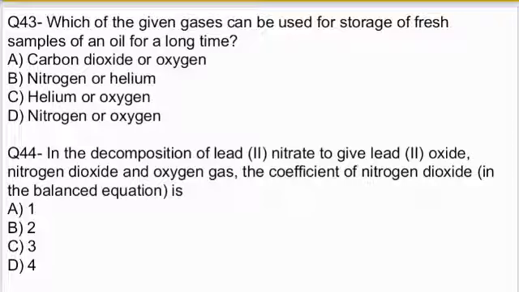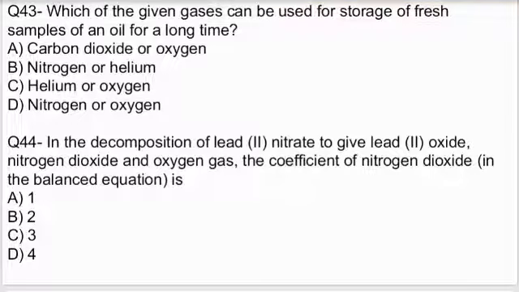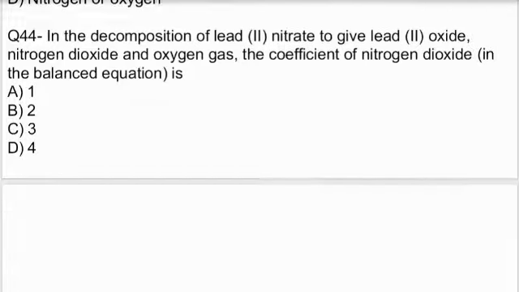In the decomposition of lead nitrate to give lead oxide, nitrogen dioxide and oxygen gas, the coefficient of nitrogen dioxide in the balanced chemical equation is, the options are 1, 2, 3, 4. The correct option is D, 4.